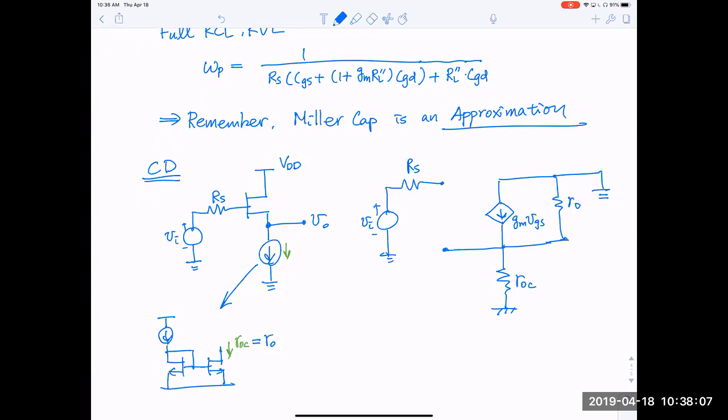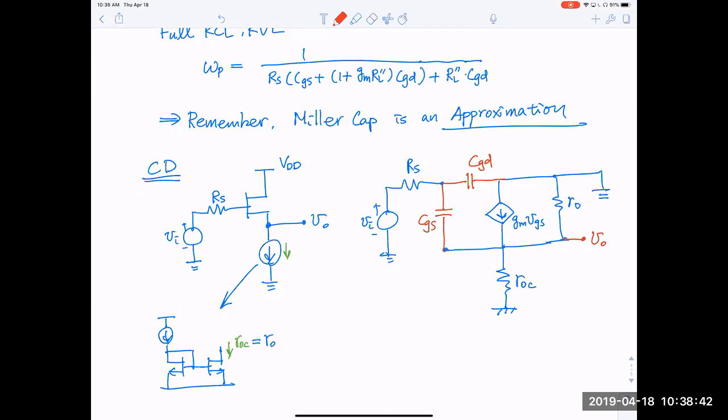Then we load it with capacitors. So we have CGS and CGD. It looks a little bit complicated, but not really too bad. VO is here.